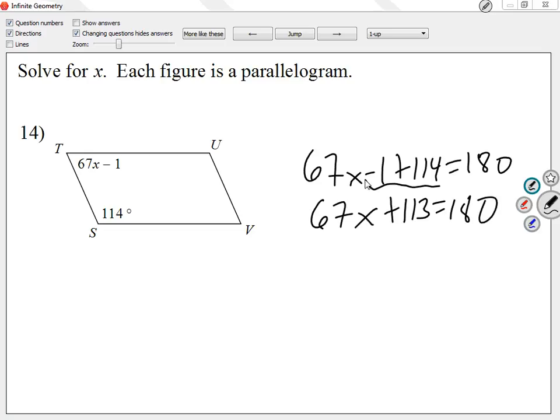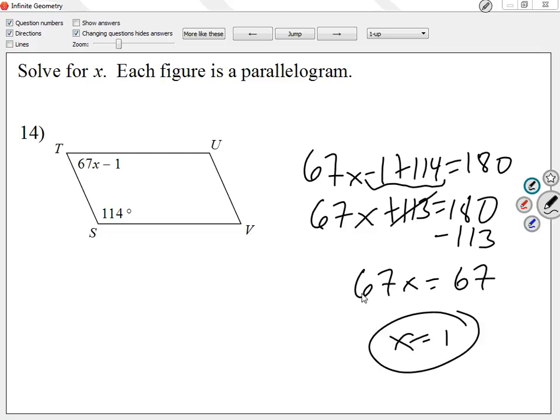Negative 1 plus 114, that's what gave us 113. So plus 113, let me bring it to the right as a minus 113. 180 minus 113 is 67. Remember, we divide by 67, so x equals 1.